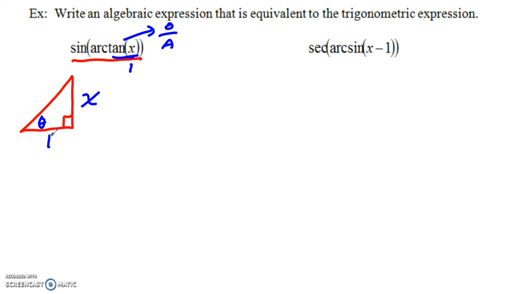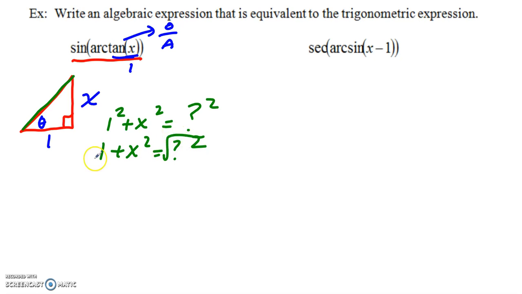Even though we have variables, we can still use the Pythagorean theorem to find the hypotenuse by doing this. 1 squared plus x squared equals, I'll call it question mark squared. 1 plus x squared equals question mark squared. If we wanted to get the question mark alone, we would take the square root of both sides. So what I'm looking for could be represented as the square root of 1 plus x squared.